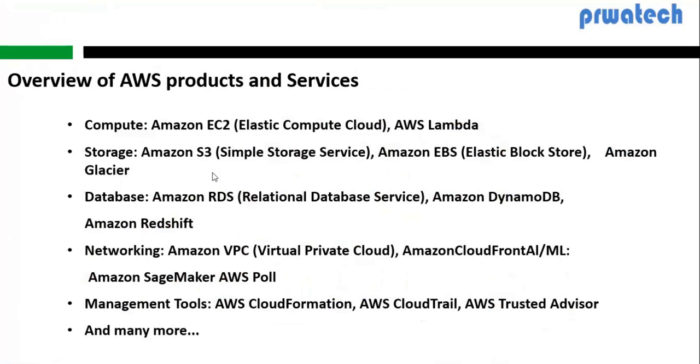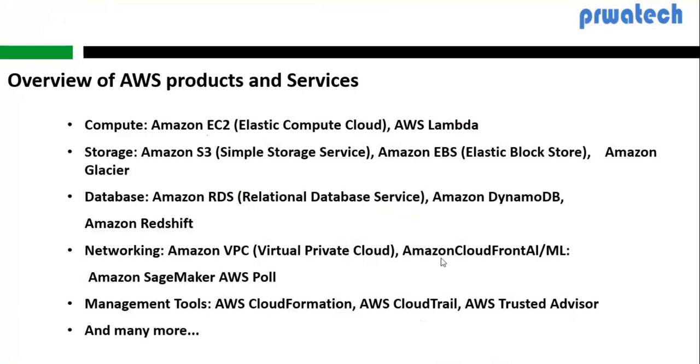If you want to see the overview, next you can see in compute, you'll have EC2 and Lambda, and in storage, you'll get S3, EBS, or Glacier. Coming to database, you'll have Amazon RDS, Amazon DynamoDB, and Amazon Redshift. Coming to networking, we'll have Amazon VPC, VPC means Virtual Private Cloud, and Amazon CloudFront.